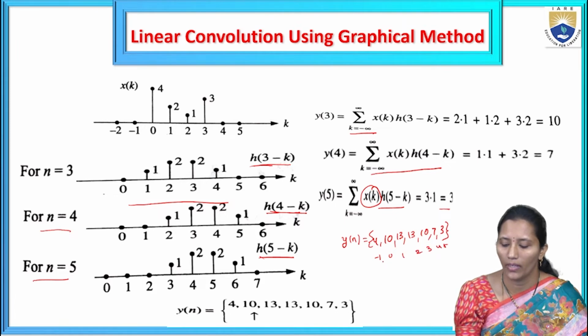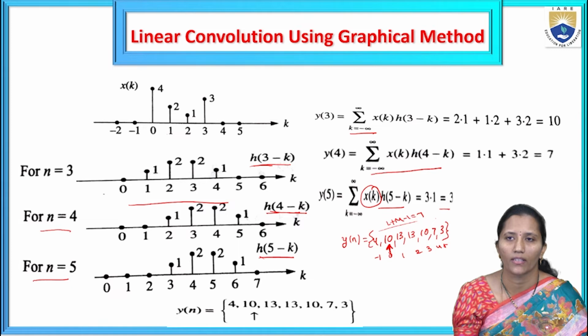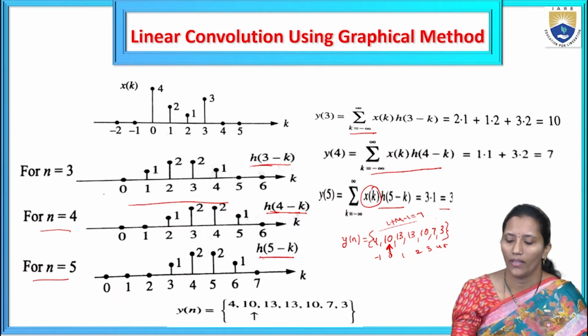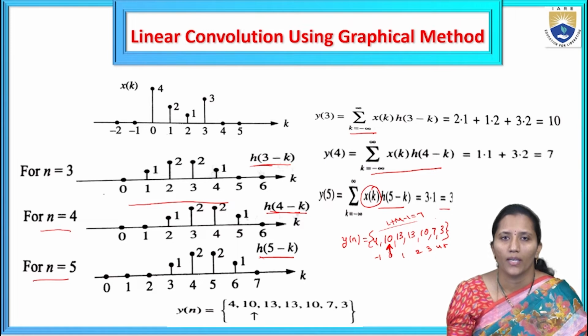Here we are getting 7 samples because L plus M minus 1 is equal to 7. So we are getting 7 samples in total, and the starting index is minus 1. The 0th sample you have to represent with an arrow mark. This arrow mark represents the 0th sample of your y of n. This is the method of linear convolution using the graphical method.